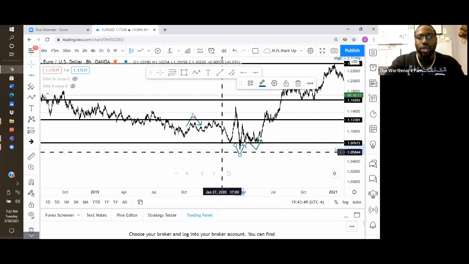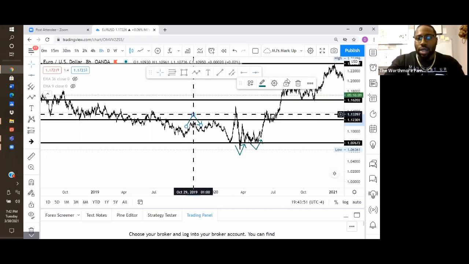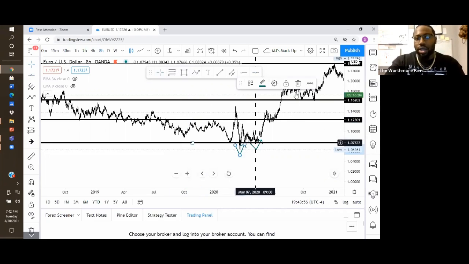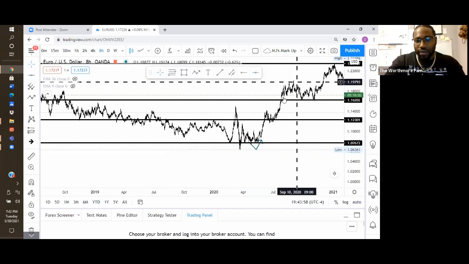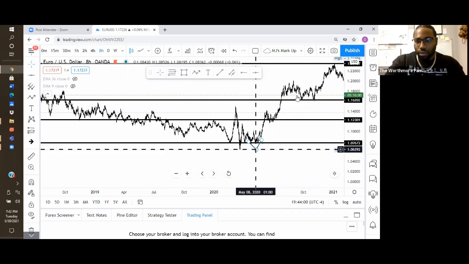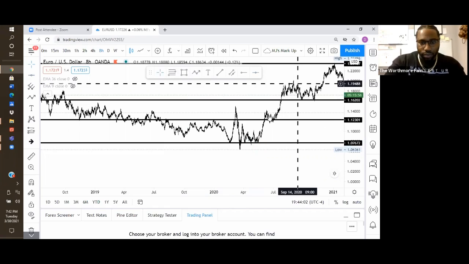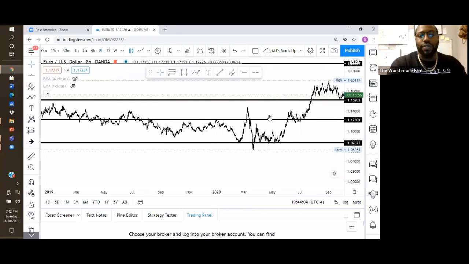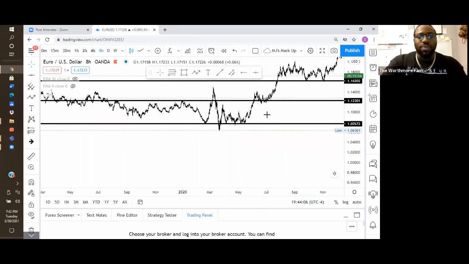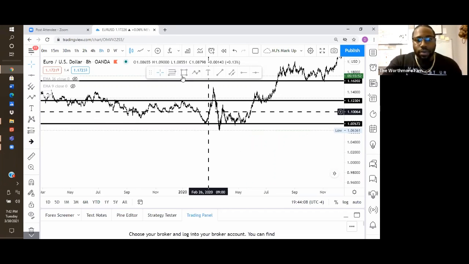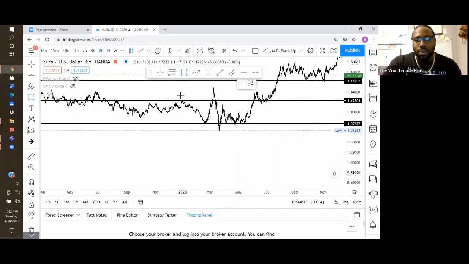Bang, okay? So now I want to get rid of these arrows here. And of course, you don't want to just draw lines all over the place. You want to find areas where there's been significant reversal. Okay? Now, here's how you confirm this. You see this area right here, this line has acted as a resistance to this price area.